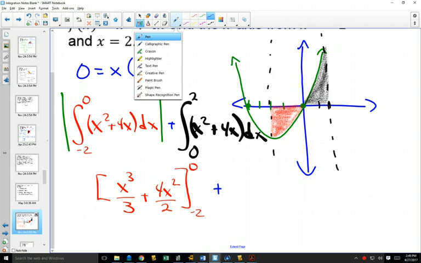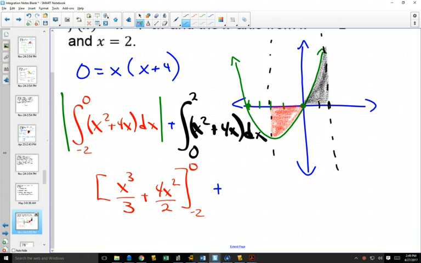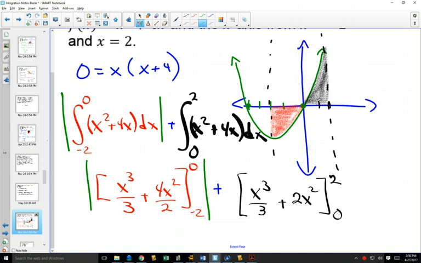Plus the same integral, x cubed divided by 3 plus, I'm just going to simplify this to 2x squared already, from 0 to 2.